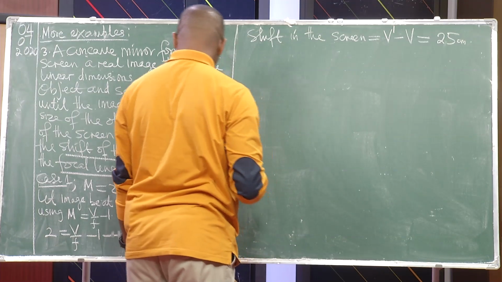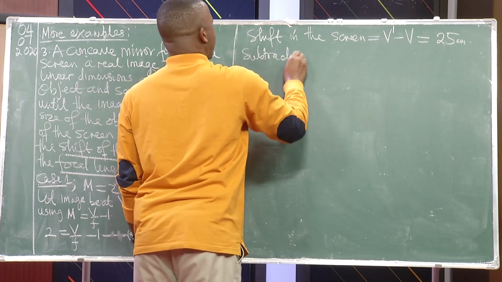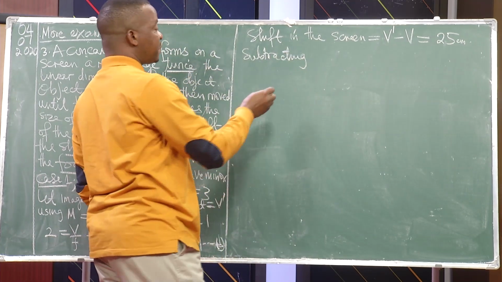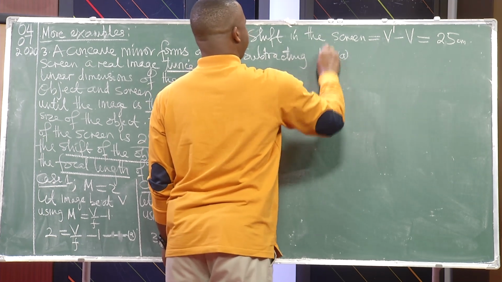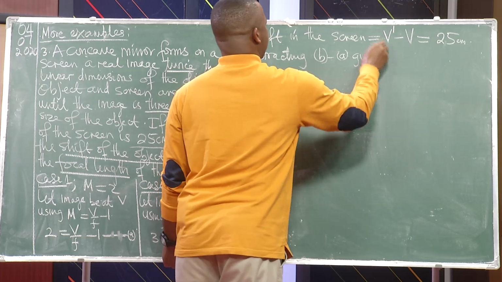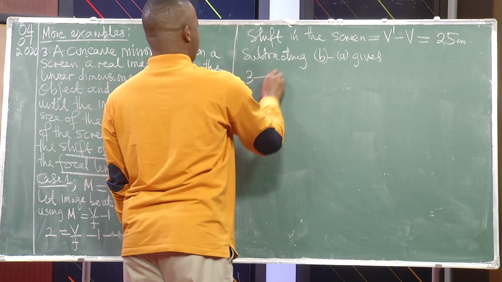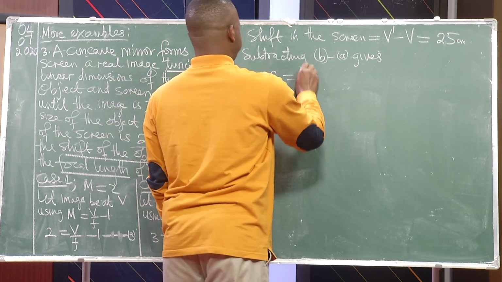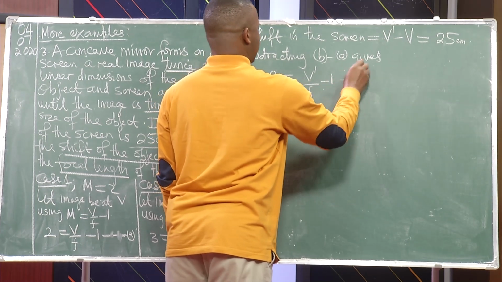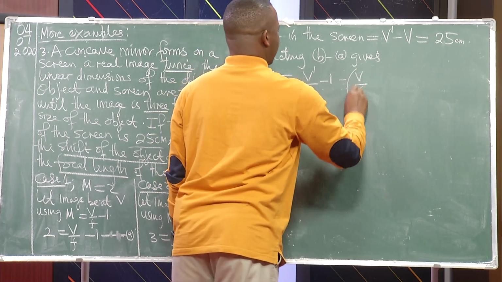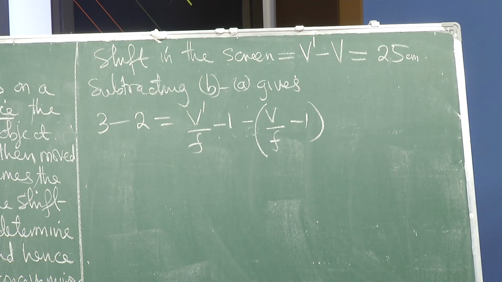So if we play around with these equations, we shall subtract. By subtracting A from B, it will give us that 3 on the left-hand side minus 2 should be equal to V prime over F minus 1, minus V over F minus 1.